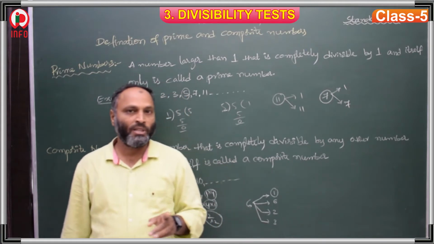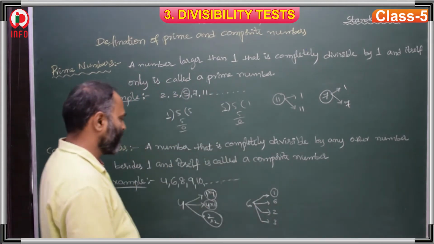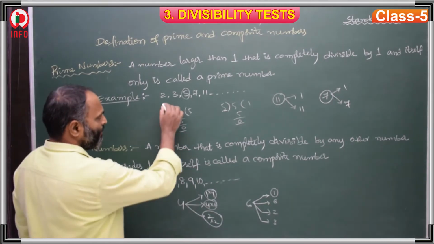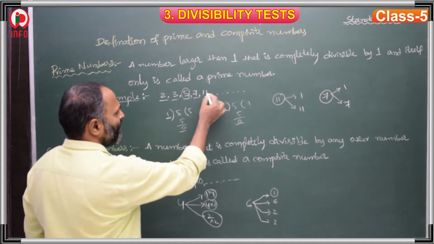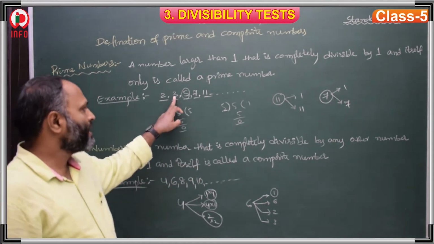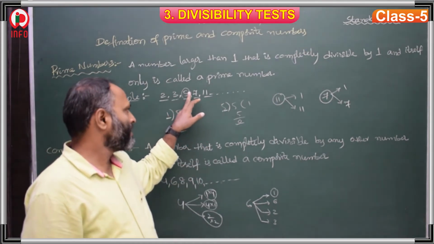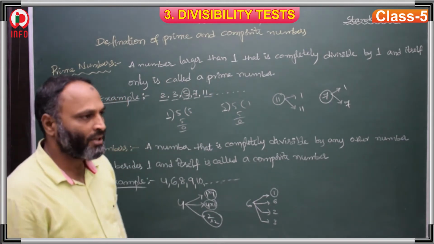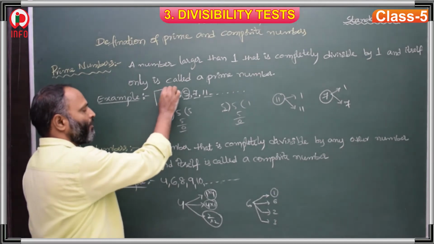1 is neither a prime nor a composite number. Now if you check these prime numbers, 2, 3, 5, 7, 11, 3 is an odd number, 5 is an odd number, 7 is an odd number, 11 is an odd number, and so on.